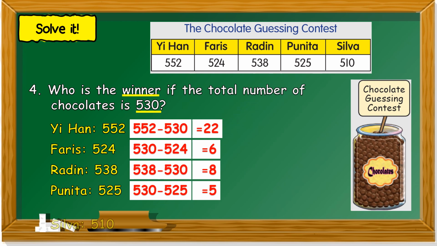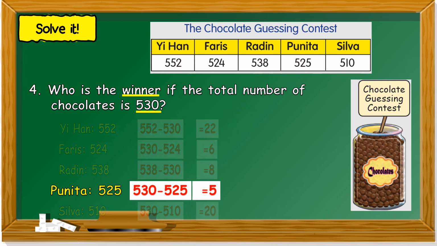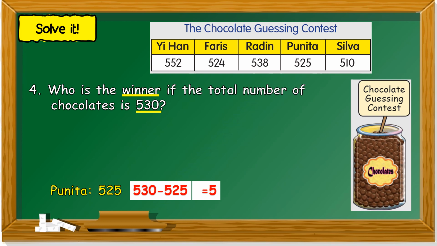Last one. Silva. Silva guessed 510. 530 minus 510 is 20. So, which one is the nearest to 530? Punita. So, Punita is the winner.